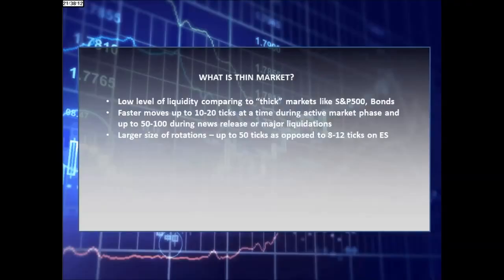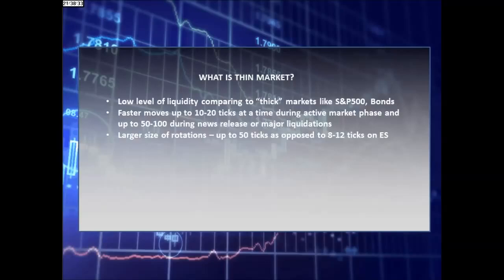Especially it applies to markets like gold or nat gas with the thinnest ladder, and less so to markets like crude, but still crude is a very active market, so you should see faster and larger moves.